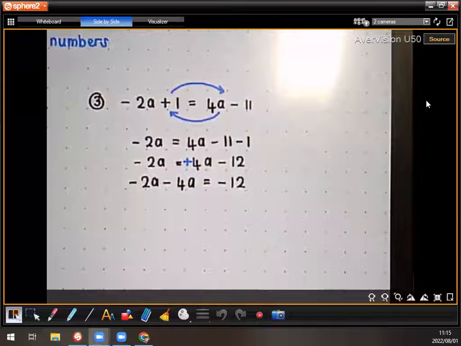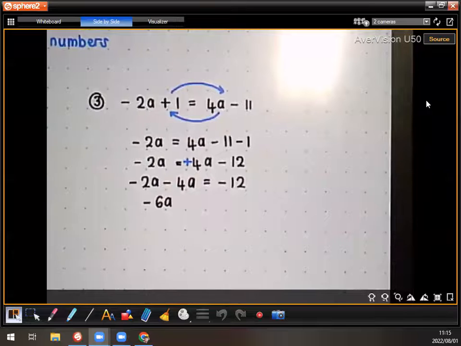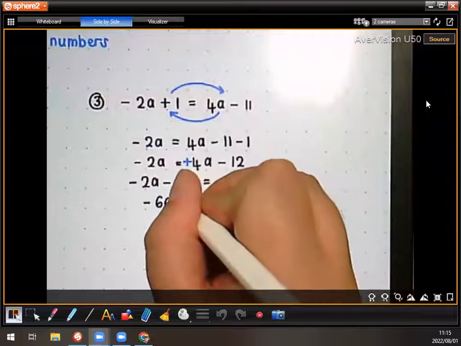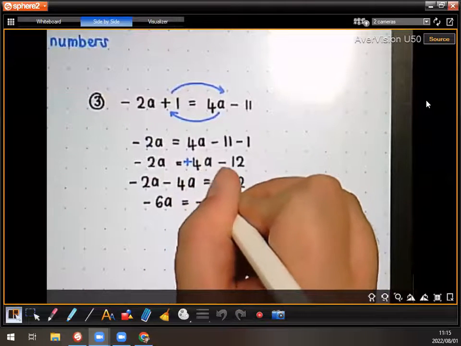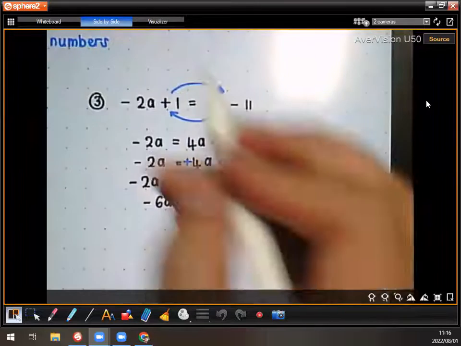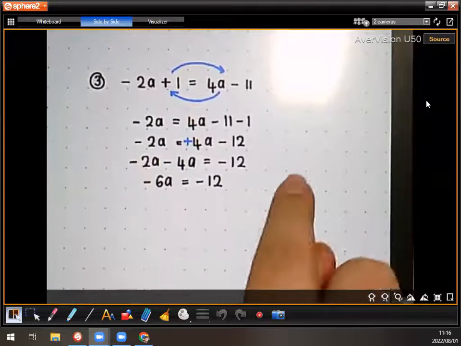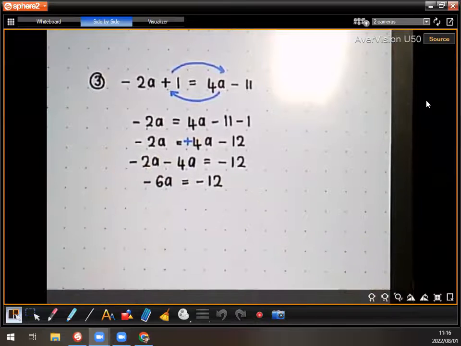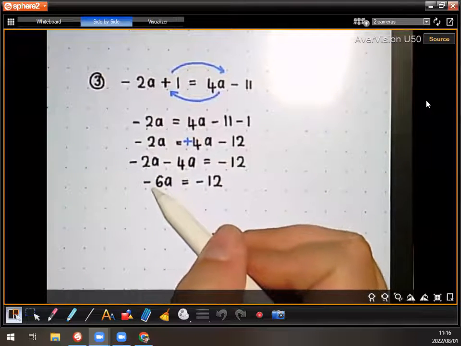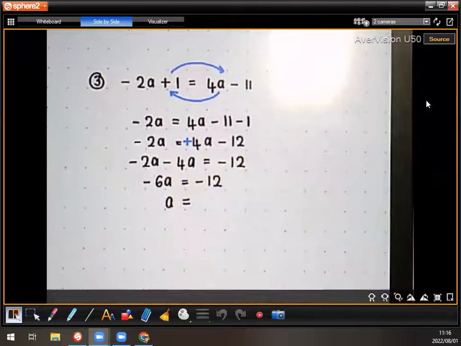Now what is negative 2a minus 4a? Negative 6a. And that is equal to negative 12. I just want a. So what am I doing with the negative 6 here? I'm multiplying, so when I move it, the opposite of multiplying by negative 6 is dividing by negative 6. There we go. Sorry, my words are also leaving me.